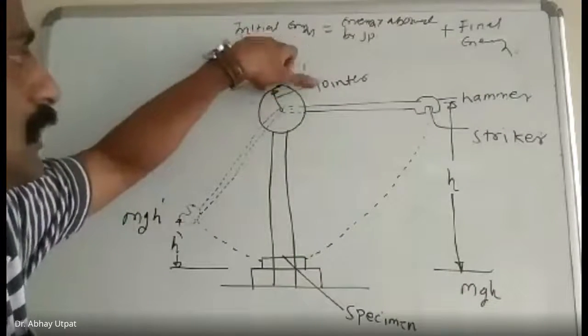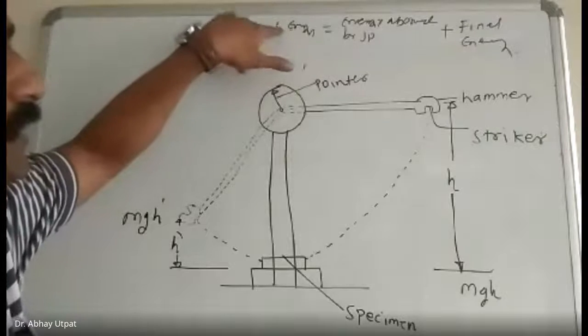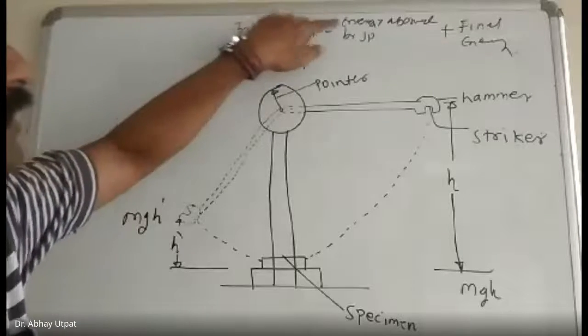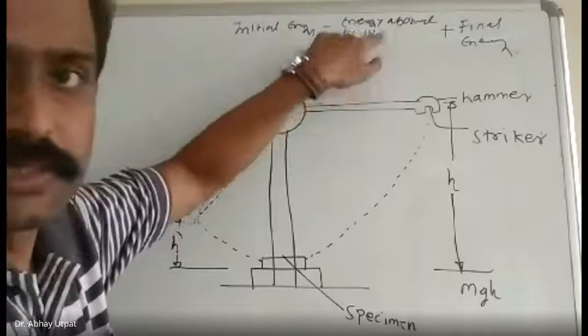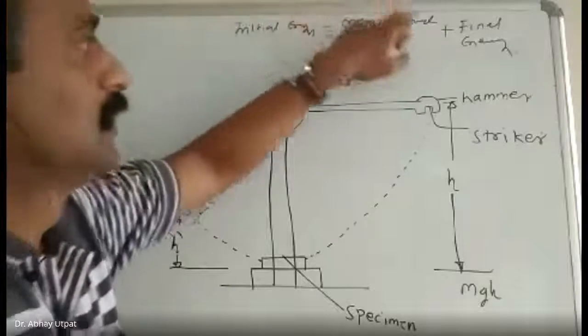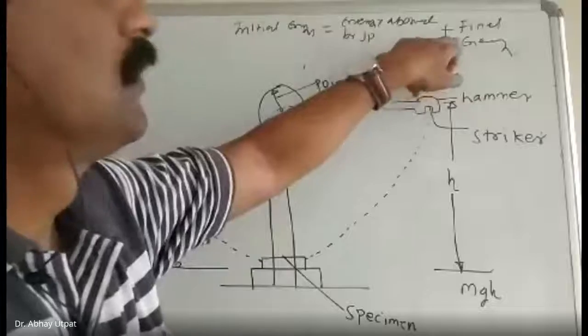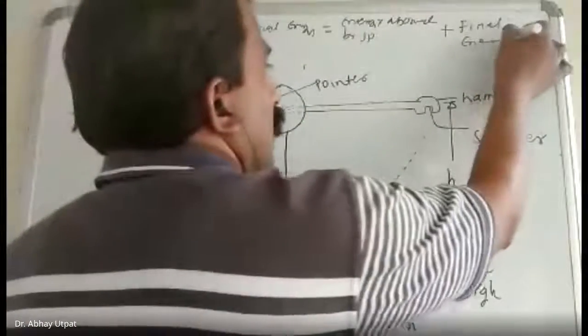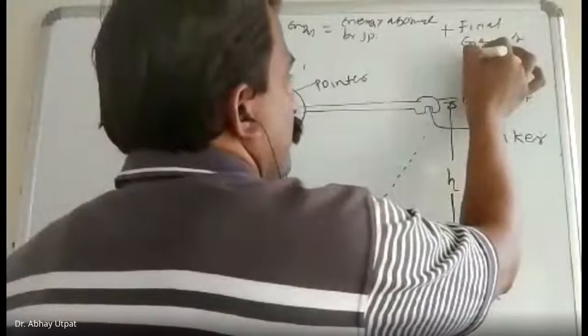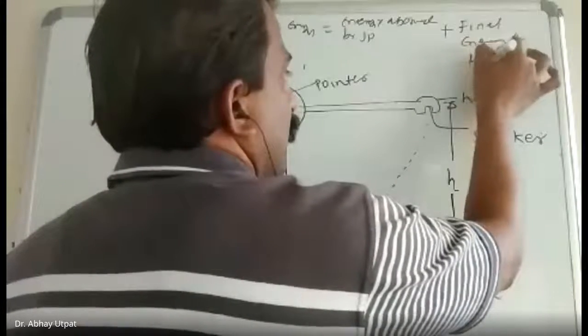Initial energy is equal to energy absorbed by the specimen plus final energy of the hammer unit.